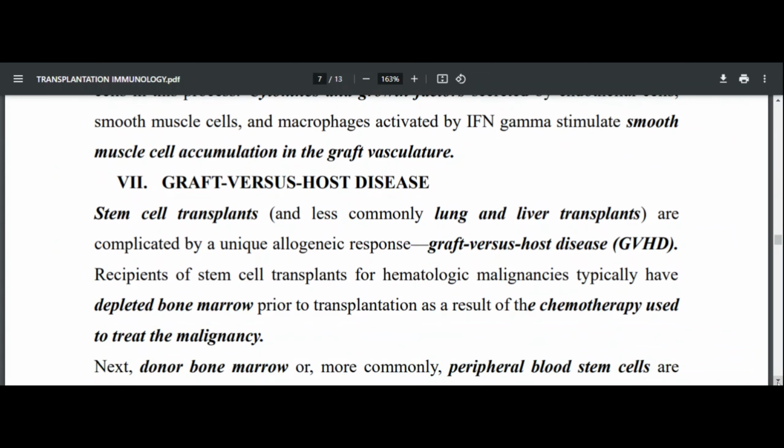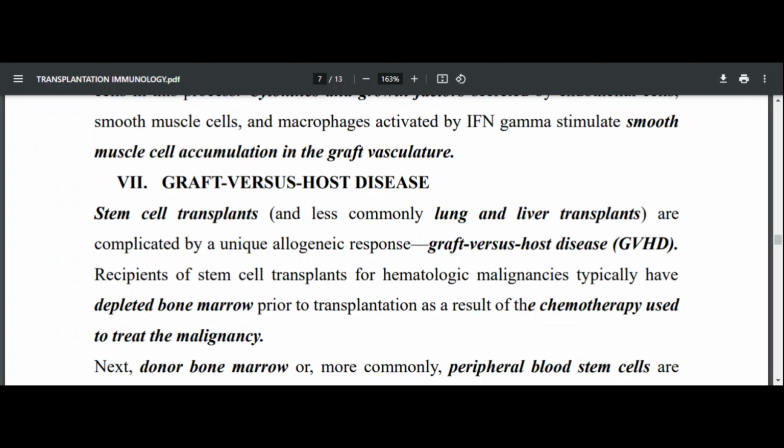Now, something else that you should know is called graft-versus-host disease. So what is graft-versus-host disease? It is not transfusion associated; here it is another thing.